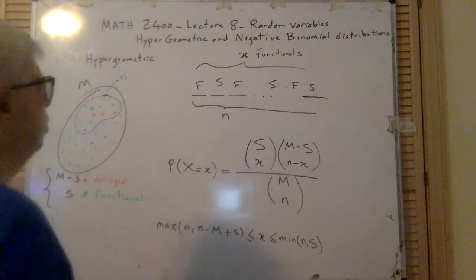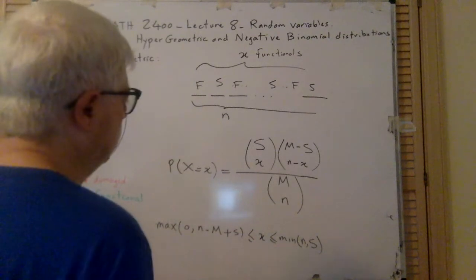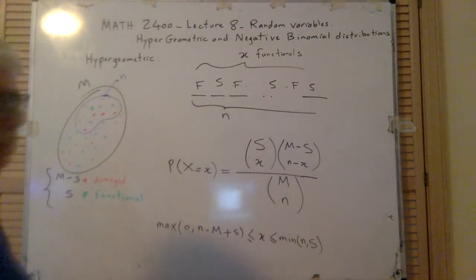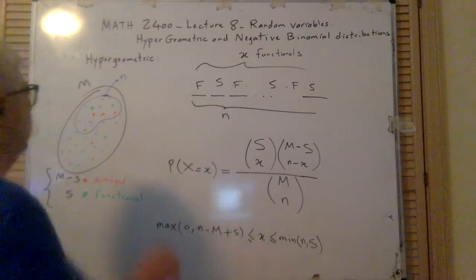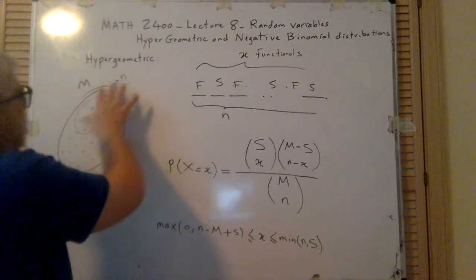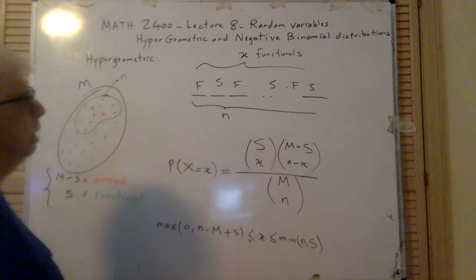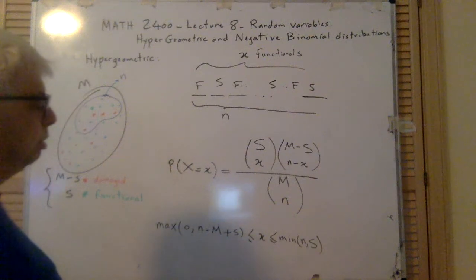I'm not sure if your calculator has hypergeometric, but the parameters of the hypergeometric are just too many. So you have m, you have this sample n, and you have this number x, and you have to be careful what x and n and all of them are.